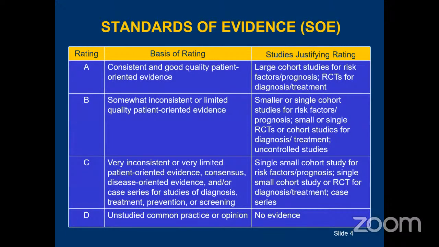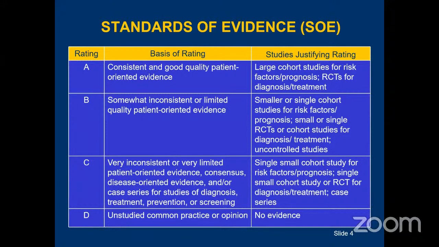Okay, so we're going to start with the standards for evidence. This is just to understand if we see any SOE, which means standard of evidence. First of all, we have rating A, B, C, D. A is for consistent and good quality patient-oriented evidence. It's for large cohort studies for risk factors and prognosis, and for randomized controlled trials for diagnosis and treatment.